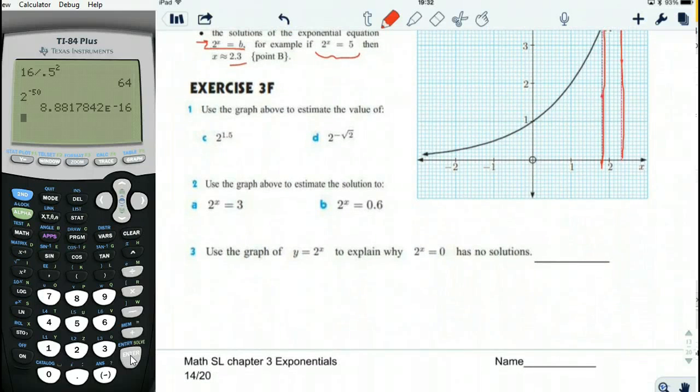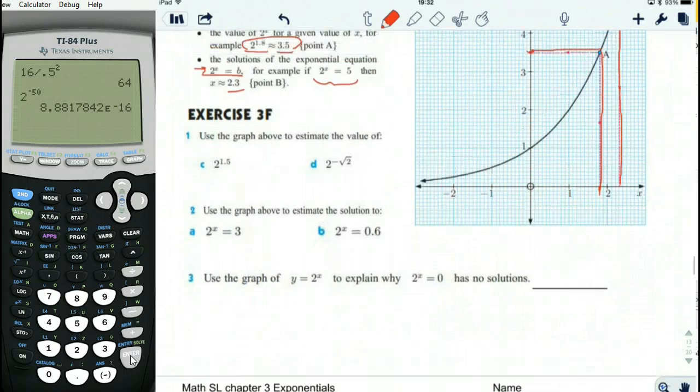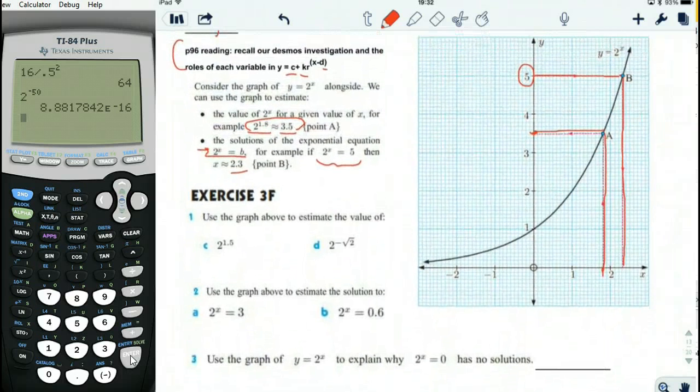Use the graph above to estimate the value of, let's take this one, 2 to the negative square root of 2. Negative square root of 2, remember, is about negative 1.414. So we have 2 to the negative 1.414. On the graph, negative 1.414 is the x value, so we would put it about there.